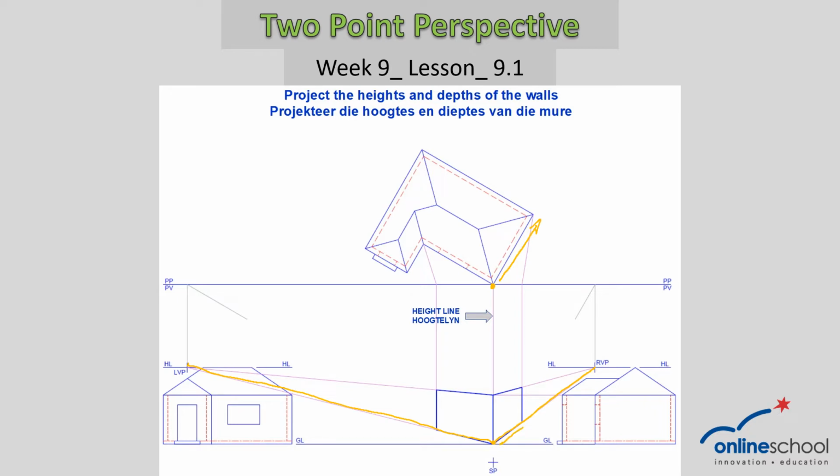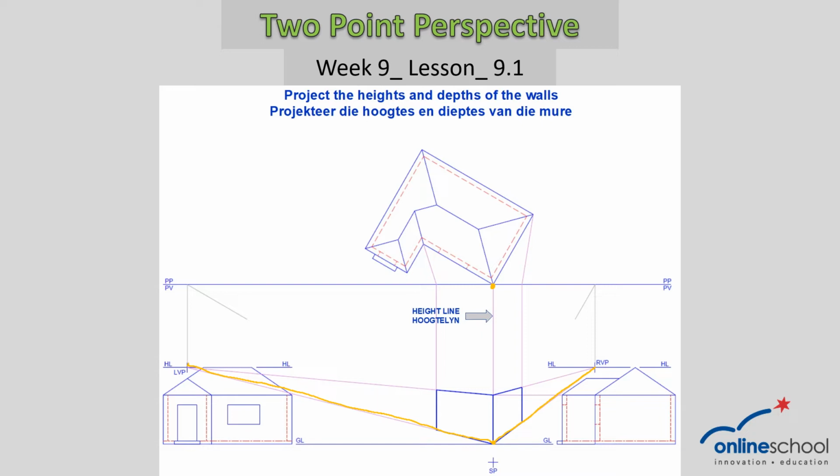And if we look here at our front view, we will see that from the starting corner we also go backwards, the same as we did with our top view. So the top view tells us how far in depth we need to go backwards for that perception of depth that we want to create.